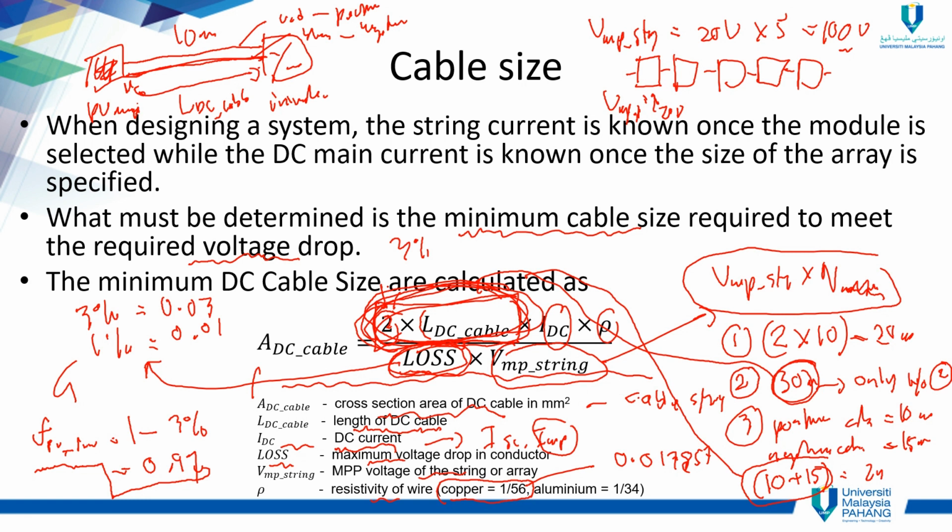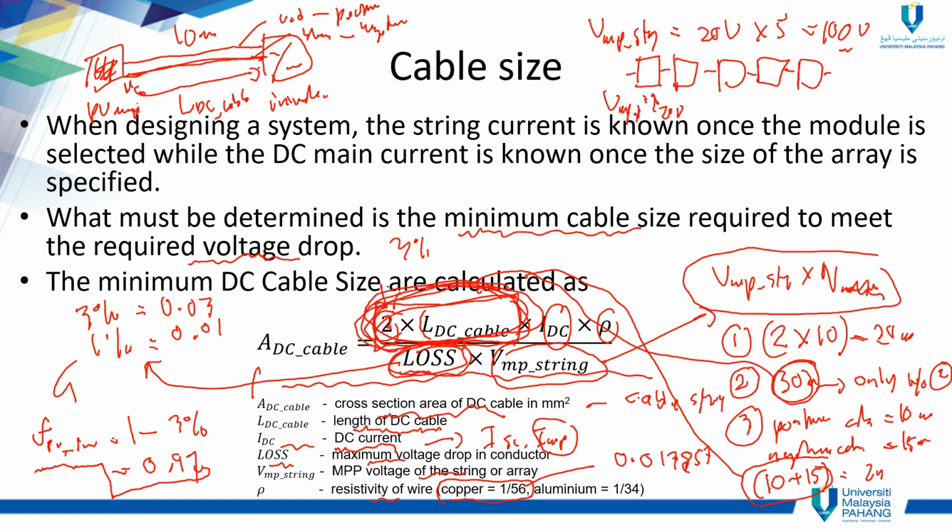10 plus 15. Okay, maybe you ask, why the cable length is different, positive and negative? We are connecting in same. It's actually logic, because when we do the installation, definitely there will be situations where either the cable positive or negative are longer than the others. That's logic. When you do the cabling, kalau you potong cable pun, buat installation pun, you sambung connecting cable also, it will not be the same length kan, because of the route.